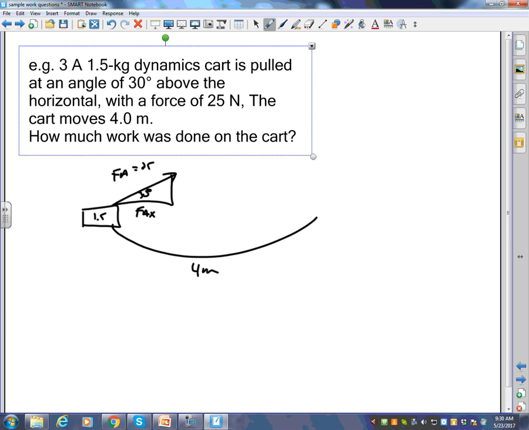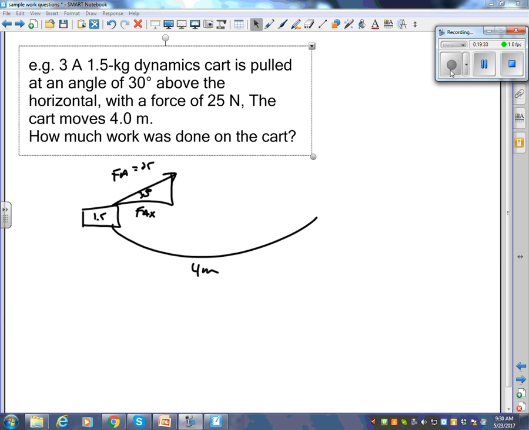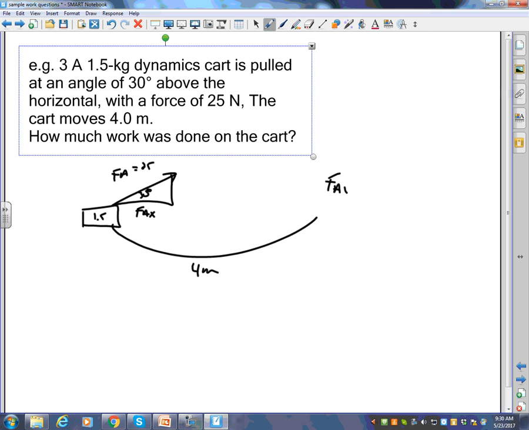So what do you have to do? Job 1 is to find the horizontal component, FAX. So that's going to be 25 cos 30. 21.7.